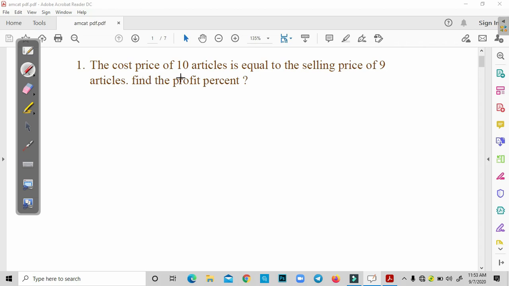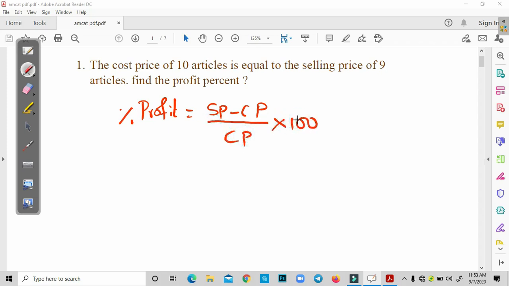Now the cost price of 10 articles is equal to the selling price of 9 articles. Find the profit percent. Now guys, we all know profit is equal to selling price minus cost price. Now if somebody is asking profit percentage, it will be profit by CP into 100.